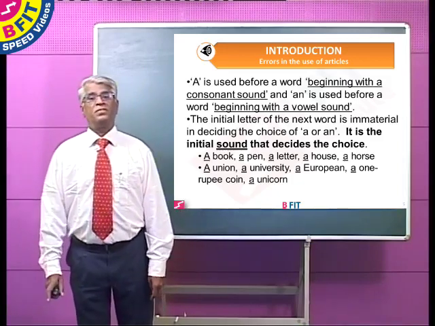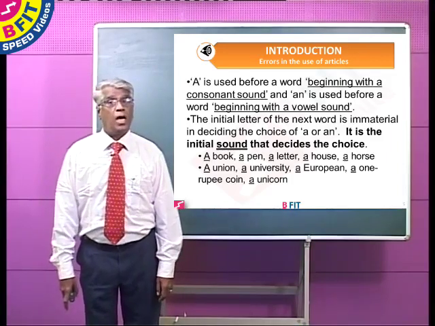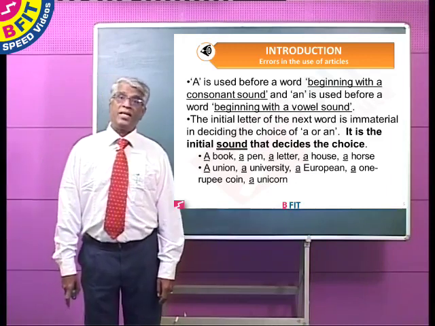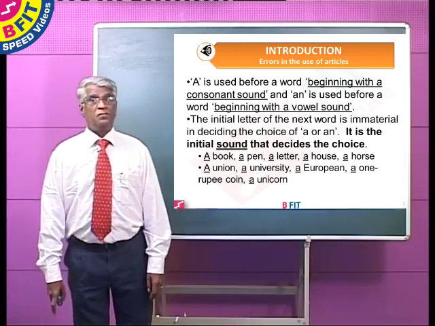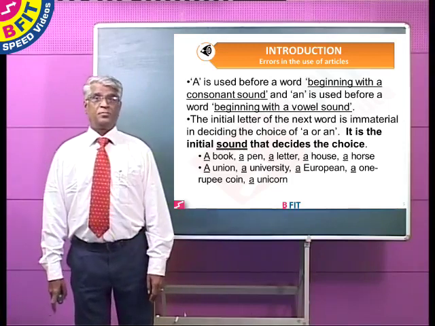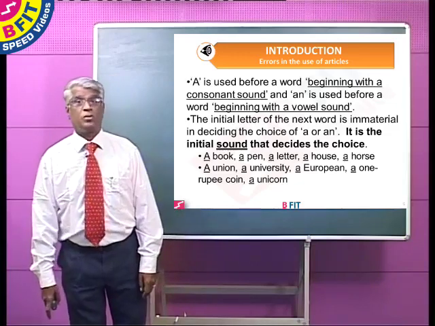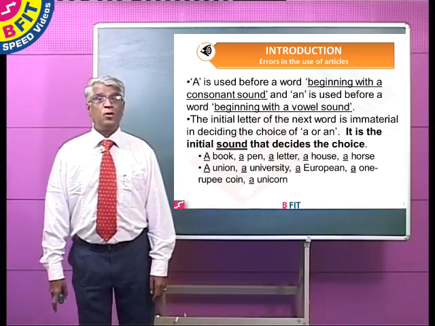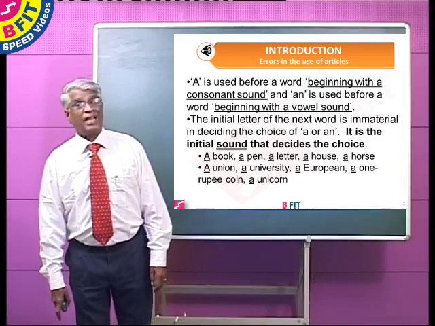Umbrella, though the first letter is U, has a vowel sound. Therefore we say an umbrella. An is the indefinite article to be used for umbrella. Whereas for union, we don't pronounce it as 'onion'. We pronounce it as 'yunion'. The first sound is the Y sound, and Y sound is a consonant sound. Therefore, we have to use the indefinite article a and not an.